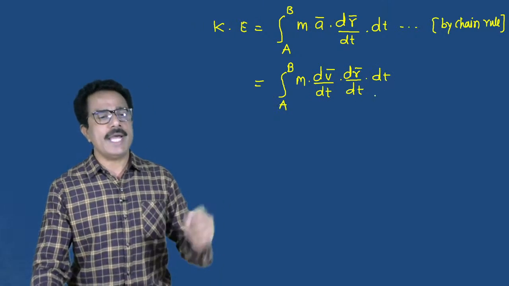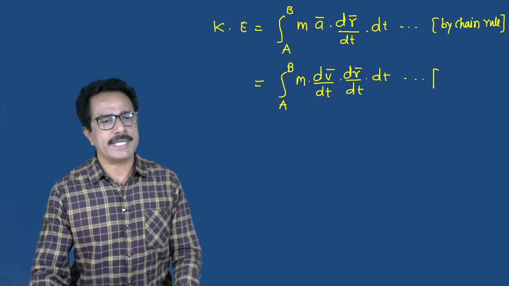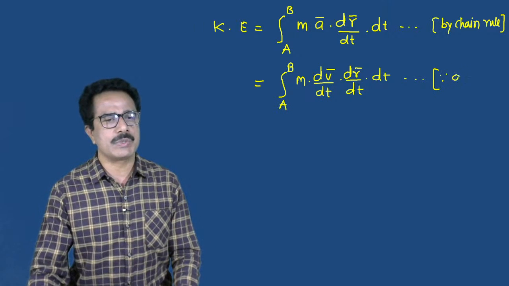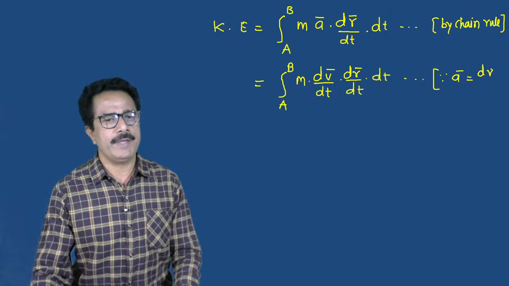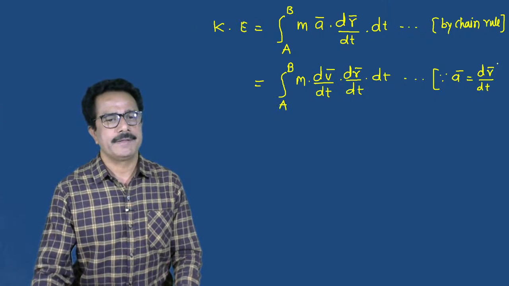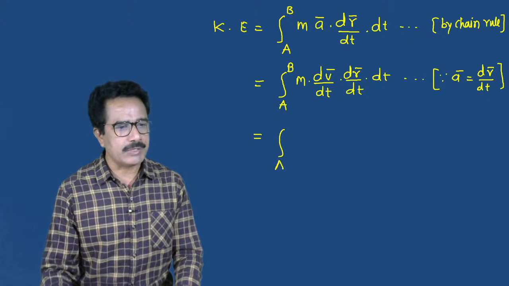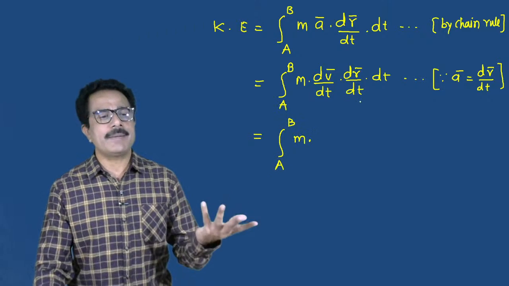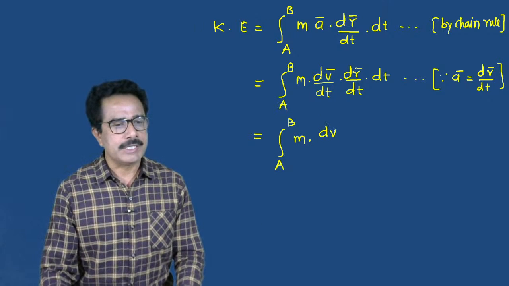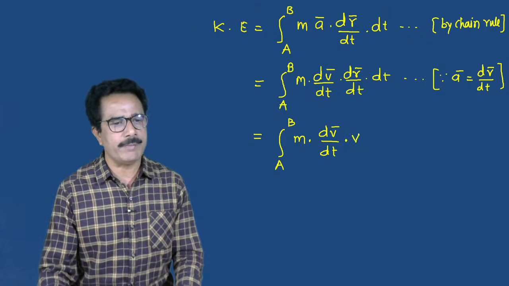See this, you know that acceleration a bar is equal to dv bar by dt. Now we know that integral from A to B of m into dr bar by dt, which is v bar, into dv bar by dt, as it is, into v bar, again dt as it is.